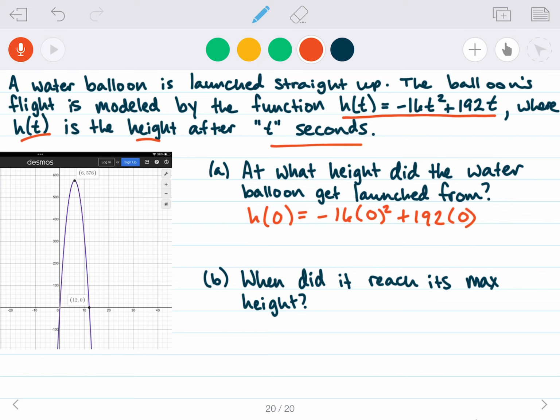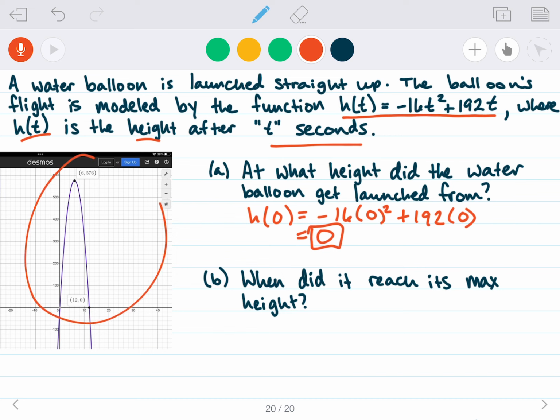We're assuming that the water balloon has a negligible height. That's the idea here. So simplifying this, we get 0. Okay, so this is a height of 0. I didn't give units for height. I should have, but anyway, 0 is the height.